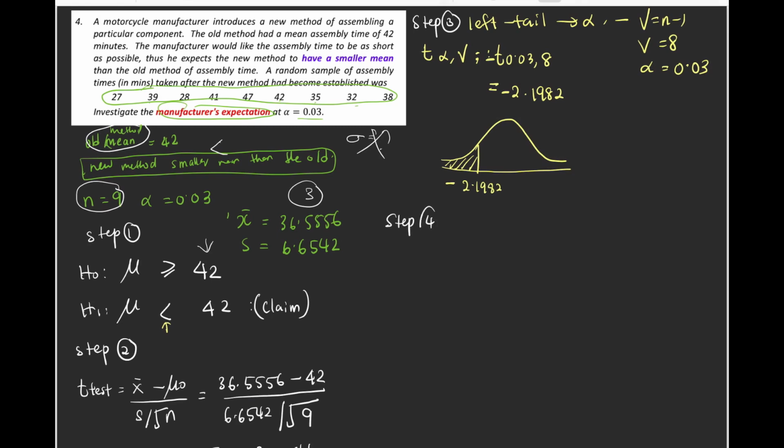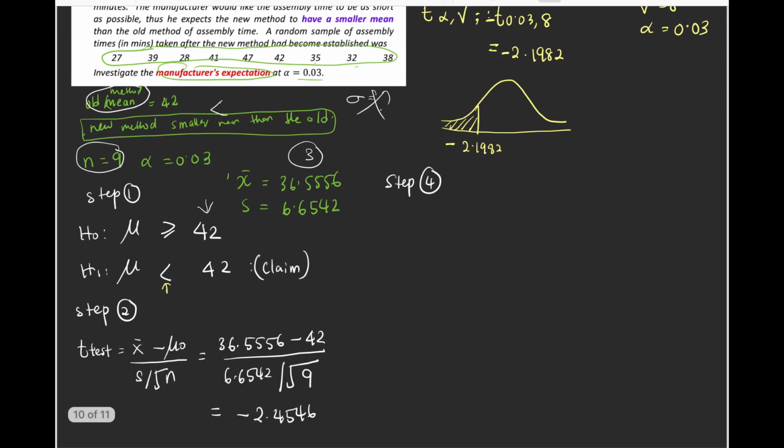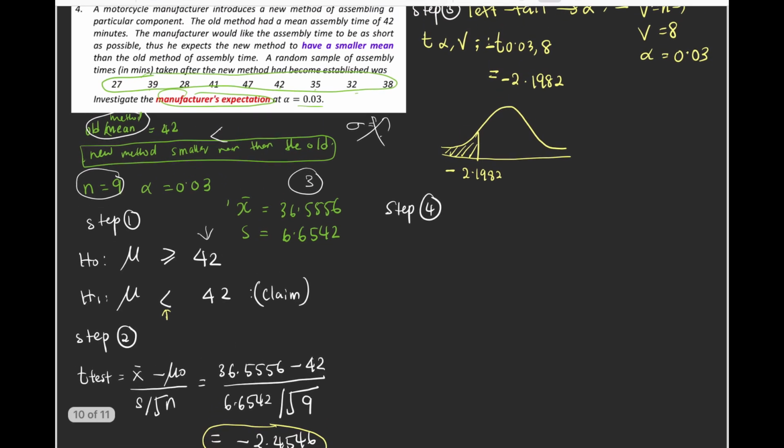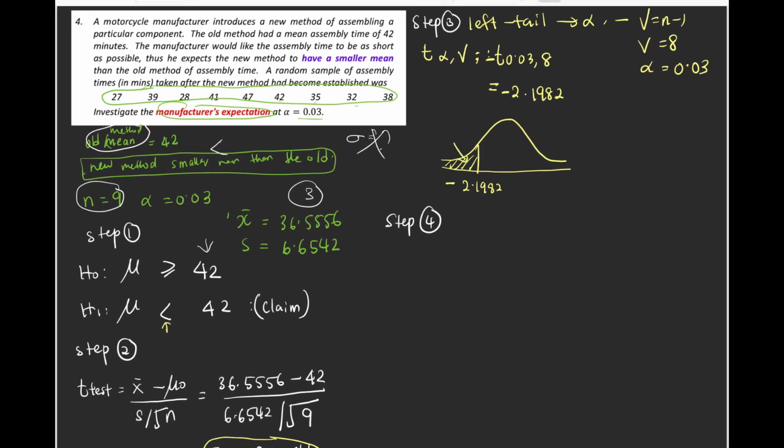Okay, step number 4. Reject or accept H null. So look at the t-test. The t-test is negative 2.4546. Negative 2.4546 is here, because negative 2.4546 is less than negative 2.1982. So it is in the shaded region, so it is in the rejection region, so you have to reject H null.